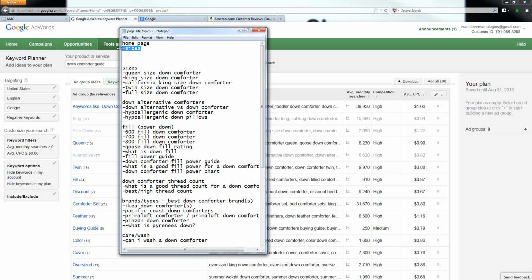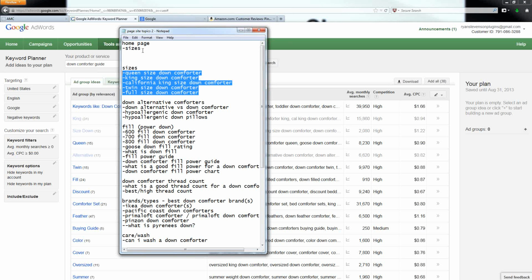So I'm just going to have this one page on my site that will target, thank you, by the way, George, for pointing that out, all of these different sizes. And I could still link up from that particular page to different pages on my site that might be promoting a particular product that matches one or possibly more of these different sizes that are available for these comforters. So this allows me to potentially target all of these different keyword phrases on just one page of my site.